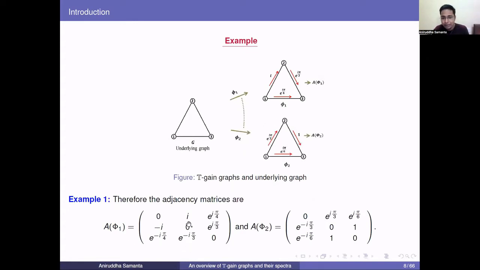For example, here we can see the 1, 2 entry of A of phi 1 is iota, which is nothing but the gain of the edge from the vertex 1 to 2 in this orientation, iota, and so on.